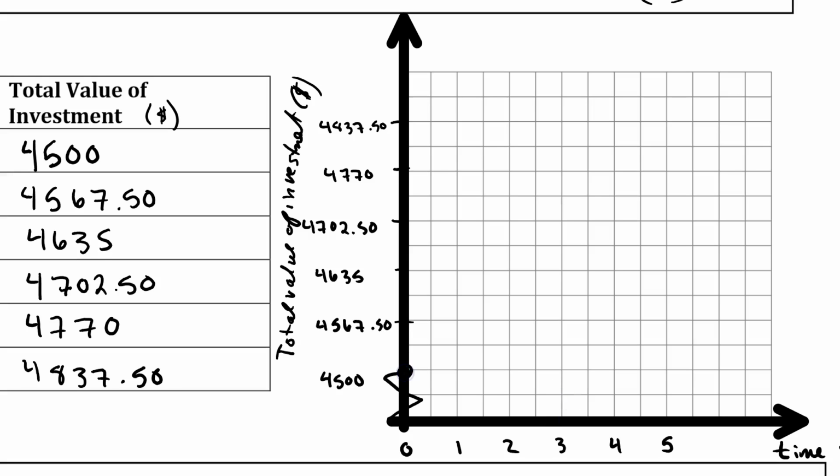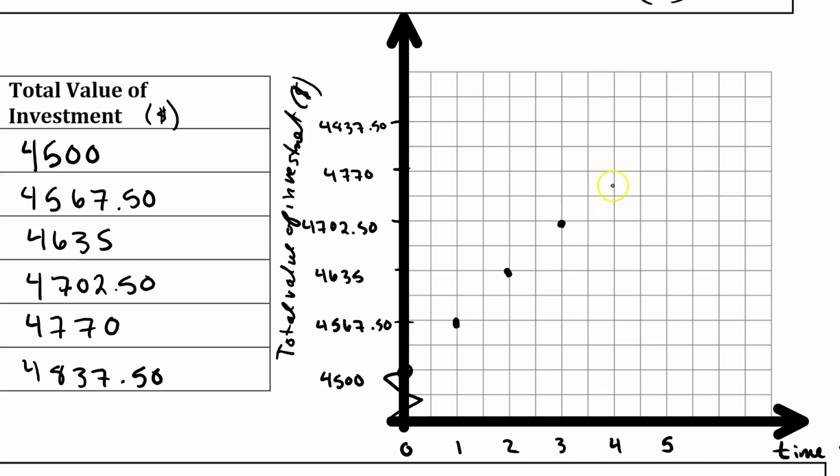I have a point right there. After 1 year, it's worth 4,567.50. After 2 years, we have 4,635. After 3 years, it's worth 4,702.50. After 4 years, we have 4,770.